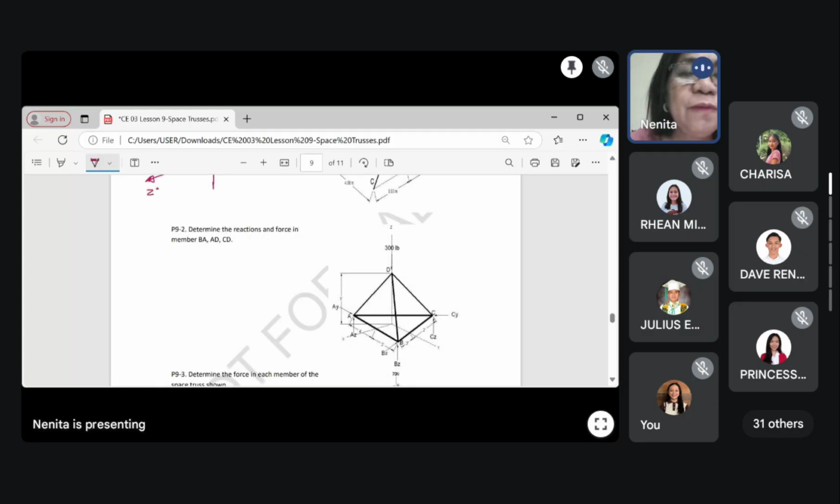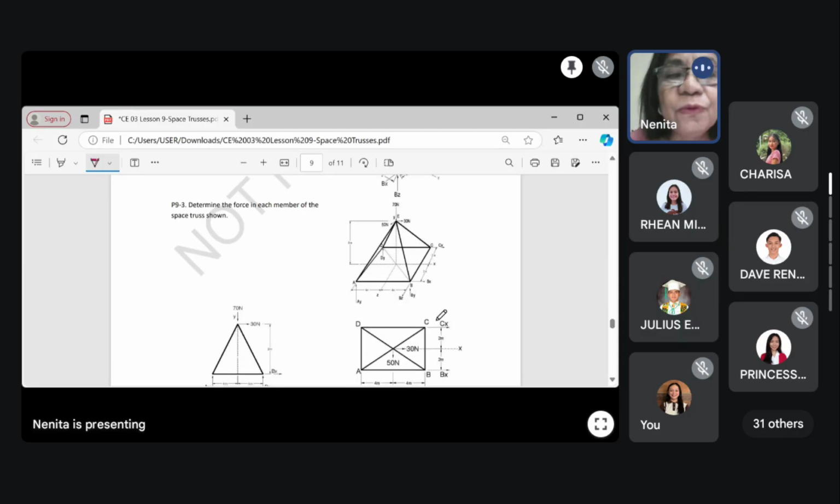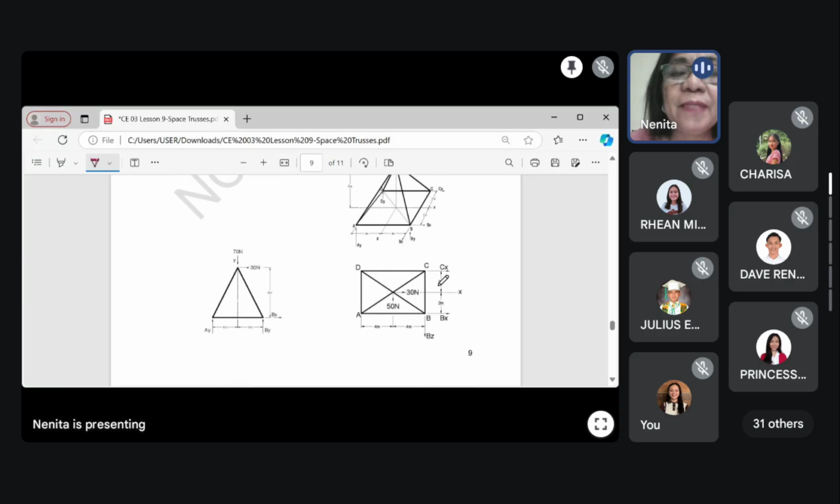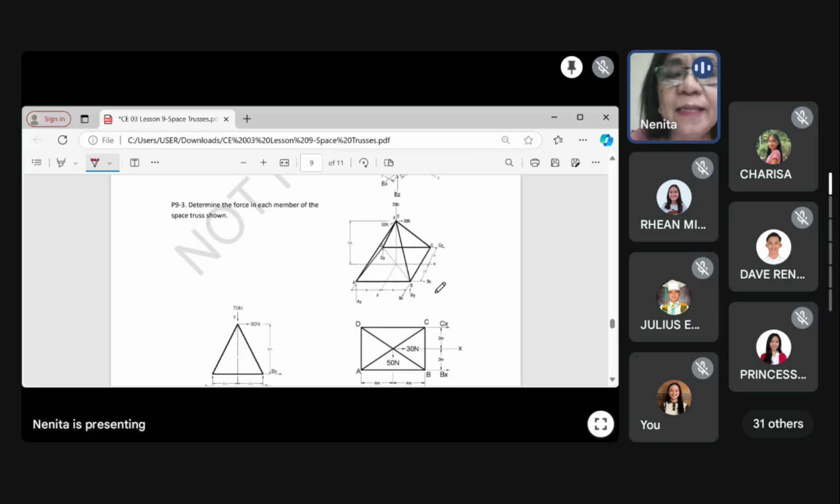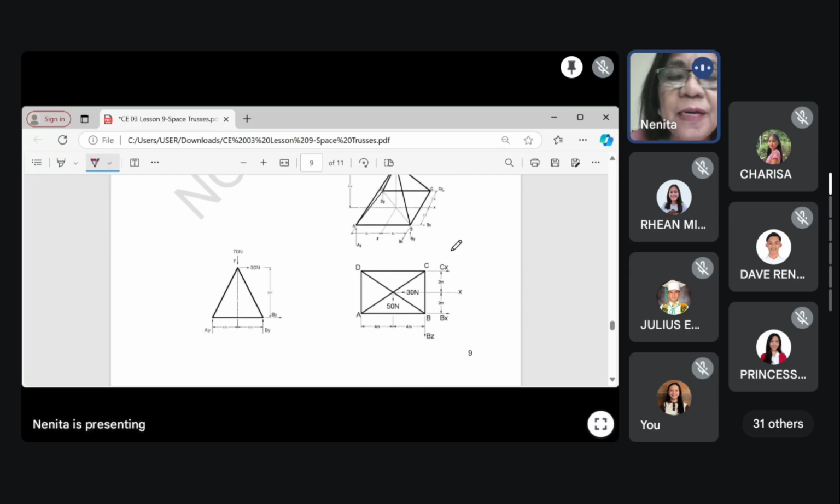Alam nyo class, mas madali kung i-consider ninyo yung kanyang plans. Halimbawa, para mas madali nyo makita ano i-consider. Let's say, for this third problem, kung kukunin natin ang kanyang top view, ani man ang kanyang top view, di ba?